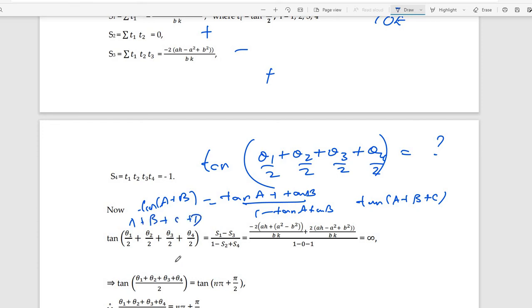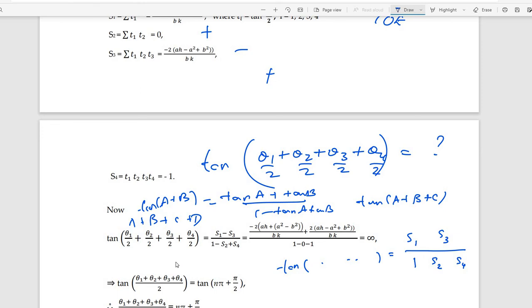This can be crudely remembered in this way. Whenever you have tan of however many terms, you have first 1, and then s1, then come here s2, then go up s3, then come down, and so on, where you have to stop.